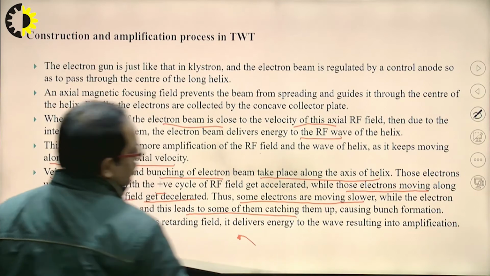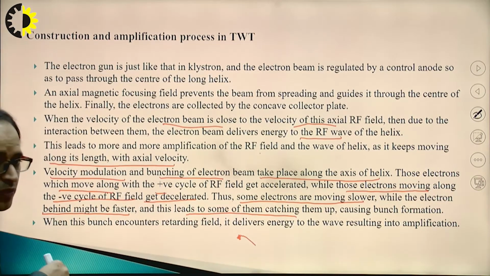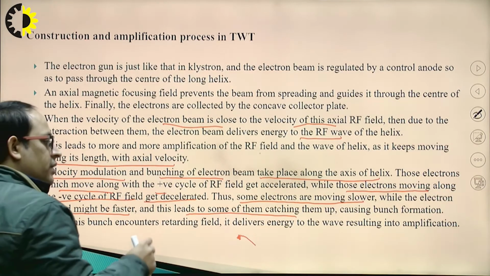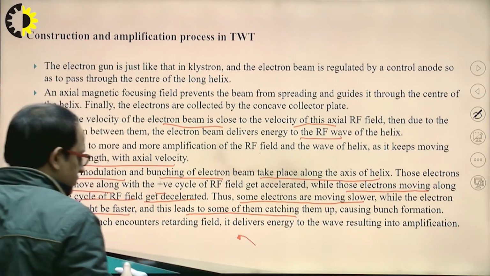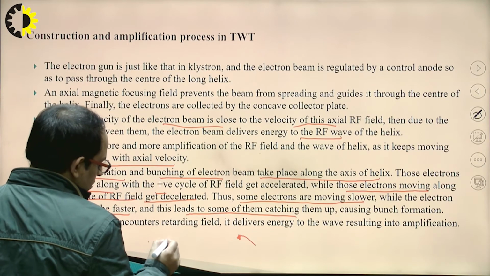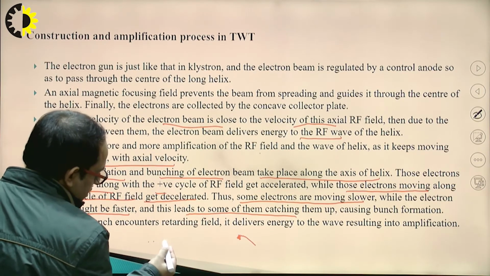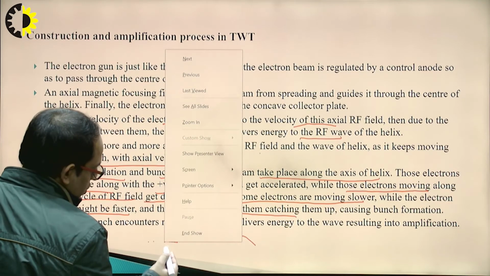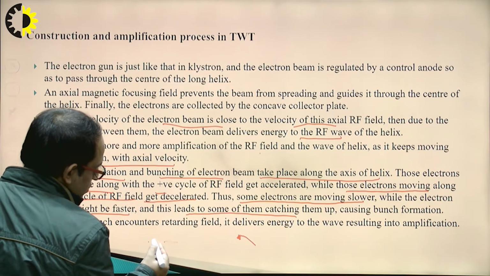When there is a variation of electrons, some moving fast, some moving slow, say there are 3 electrons, where this electron is moving slow and this electron is moving fast.